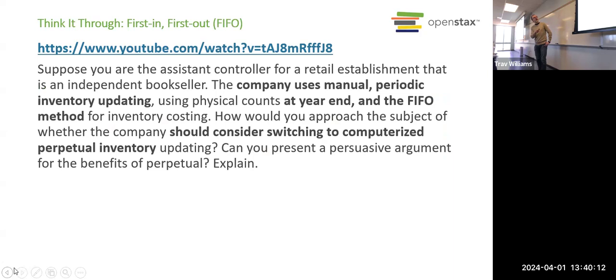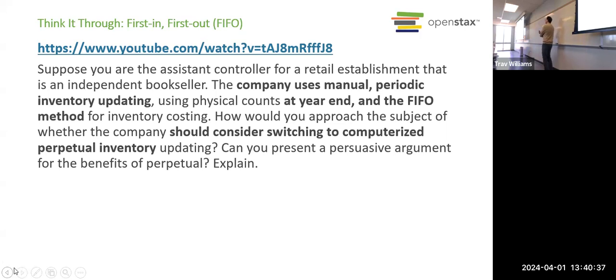Okay, so there is an accounting stuff video on FIFO. If you want to watch that later and get a better understanding of how FIFO works, you can do that. So here it says that you're the assistant controller for a retail store. The company uses manual periodic inventory update. Okay?